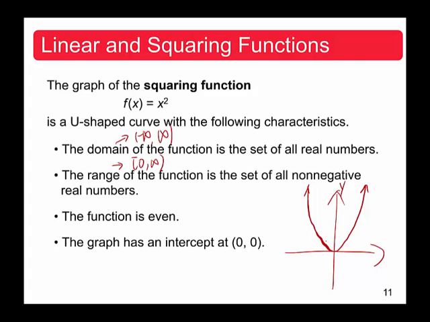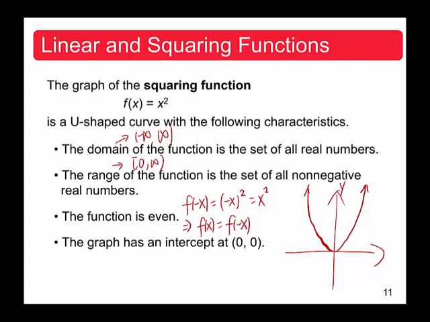It forms a mirror image based on the y-axis. Then we know that it's an even function. You can also quickly verify that. If you find f of negative x, you will see f of negative x equals negative x in parentheses squared. That's also x squared. That indicates f of x equals f of negative x. That proves it's an even function.